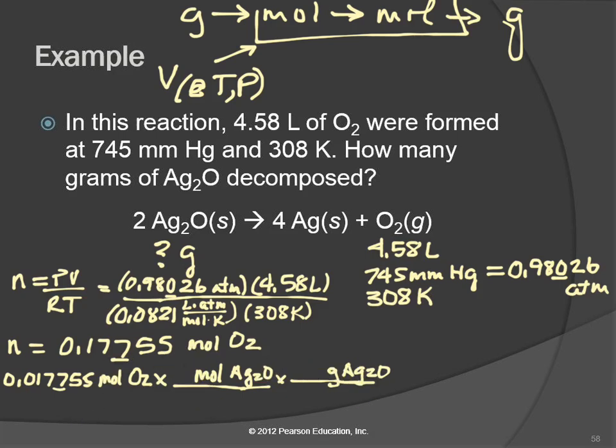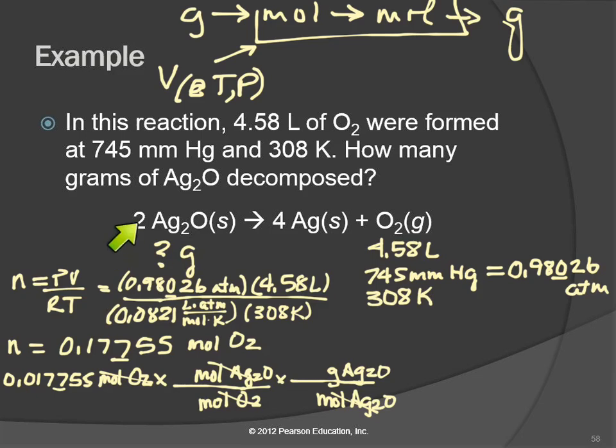Then we put the previous unit in for the denominator because we want those units to cancel out. And then down here I'm going to get moles of Ag2O. We'll cancel that one. Where do we get the numbers for the mole to mole ratio?